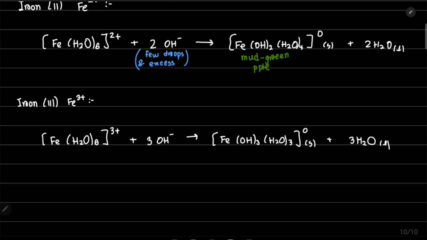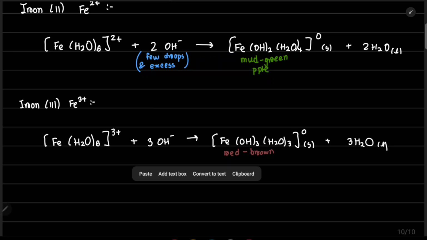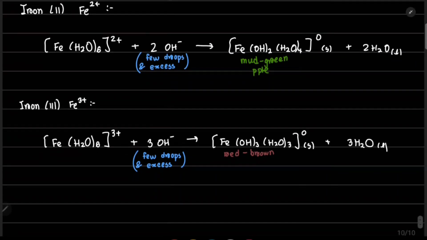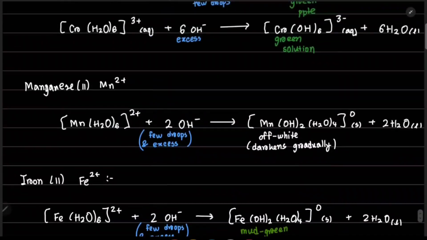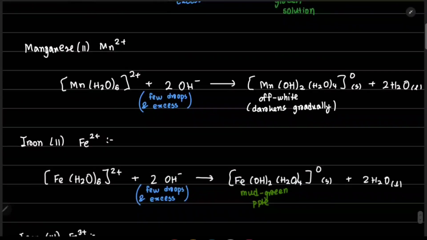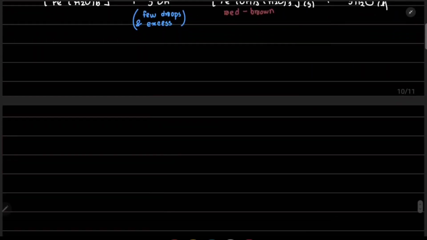We have 3 moles of OH minus here. The color of this precipitate is red. The same is the case for Fe3+, where we can have few drops or excess OH minus, but it will show the same product. It will not dissolve again. For chromium, it forms a precipitate and then dissolves. For the other cases, it doesn't dissolve, the precipitate remains.